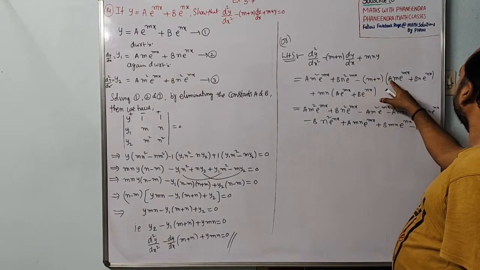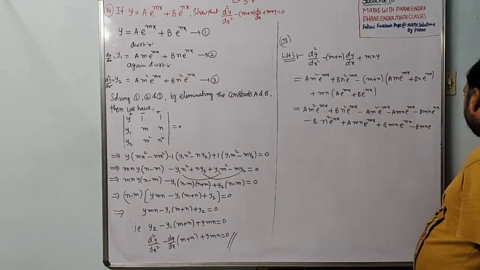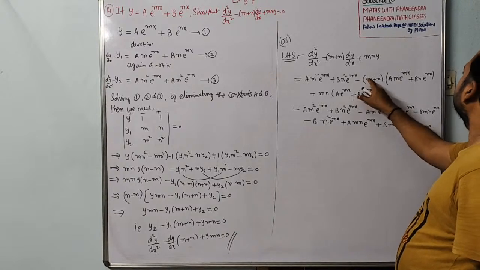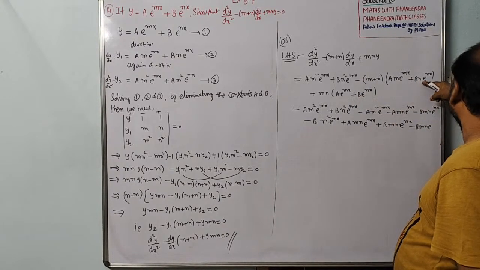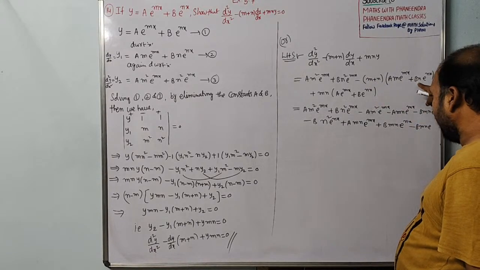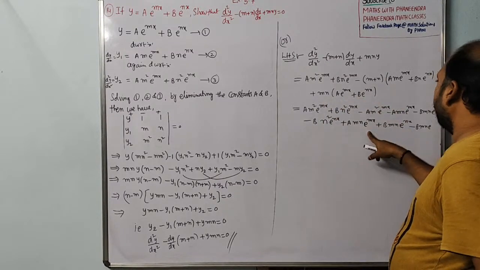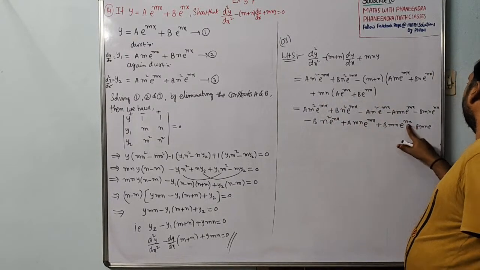Minus amn e power mx is also over. Next minus m into b into n e power nx, this is over. Next minus n into m square into b into e power nx, this is also over. Next mn a e power mx.